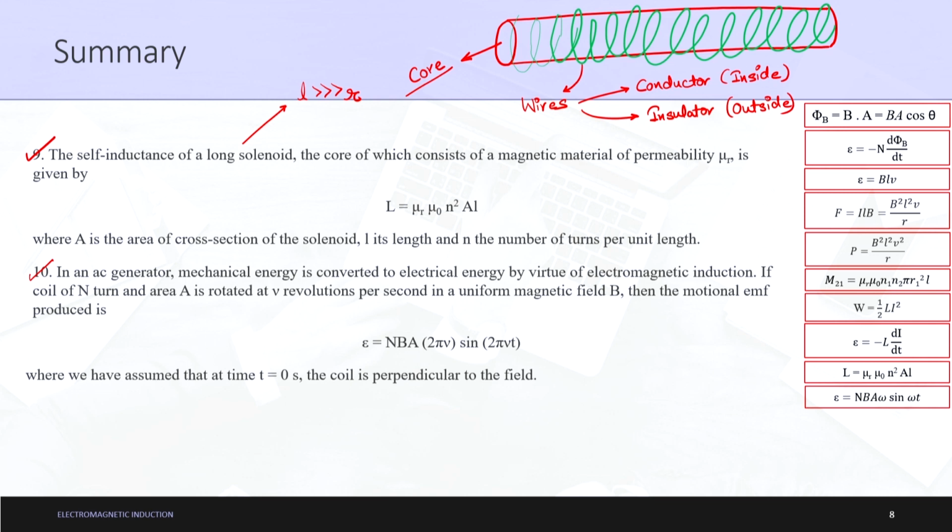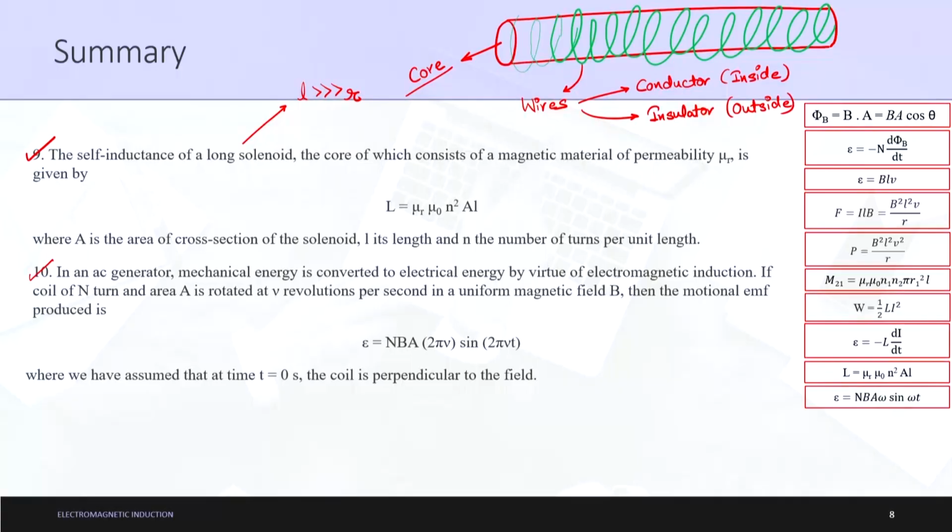As EMF is produced due to change in the effective area or change in the direction of the magnets, mechanical energy is converted into electrical energy, and by virtue of what? By virtue of electromagnetic induction.